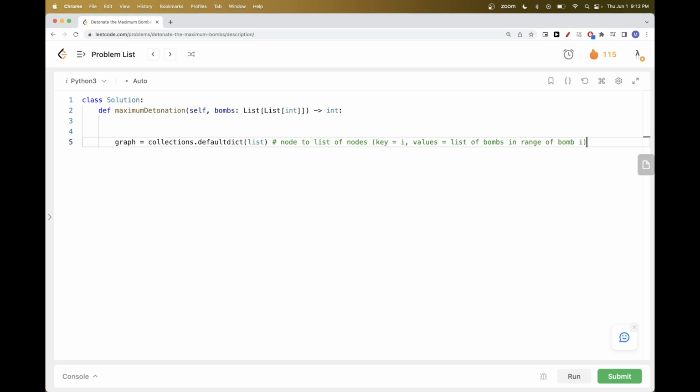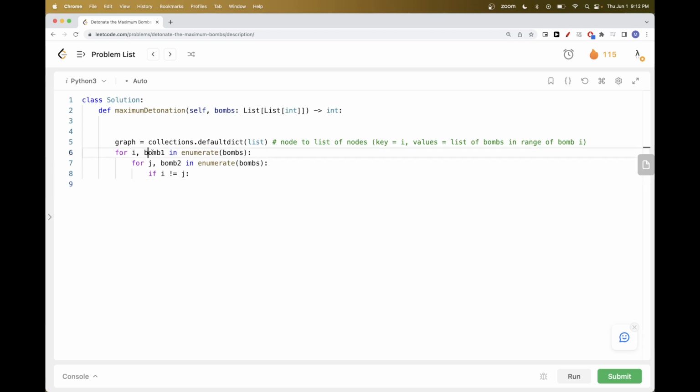Okay? And so we need to go through each bomb and just check. So let's call this bomb 1, and we'll enumerate bombs. And then we'll check every other bomb. Let's call it j and bomb 2. First, we want to make sure that it's not the same bomb, because if it's the same bomb, it shouldn't have an edge to itself.